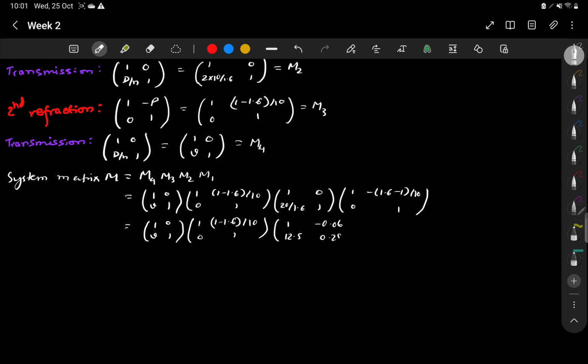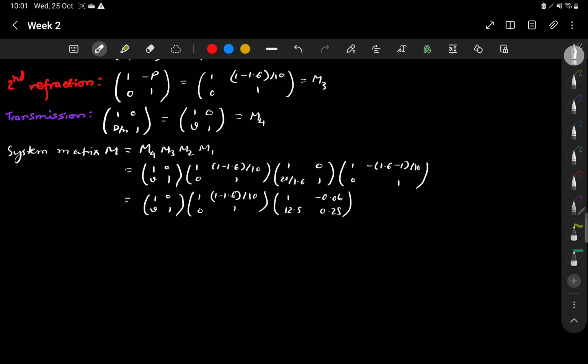I am making use of my calculator. Now again product of these last two using calculator. And finally the product.